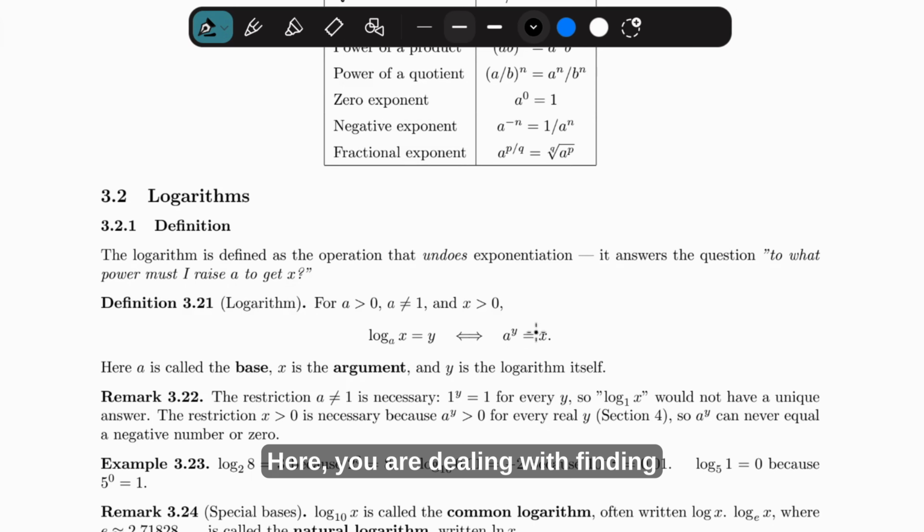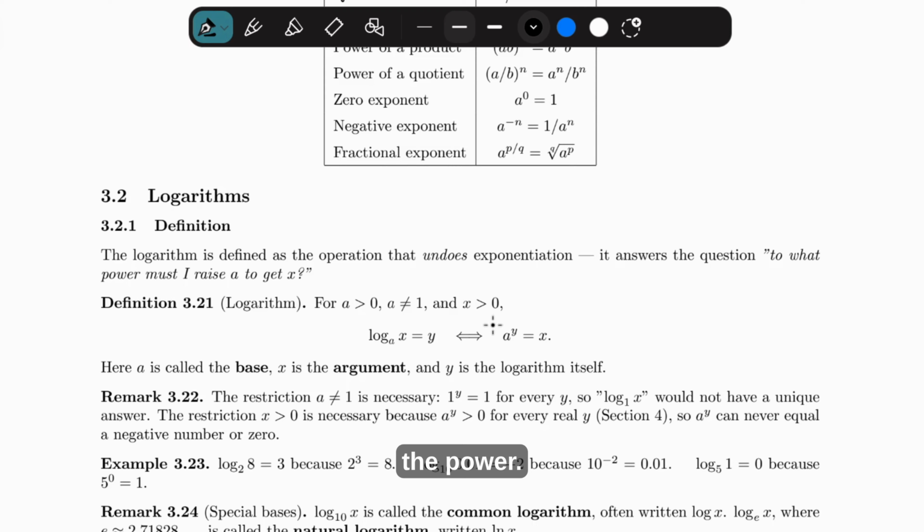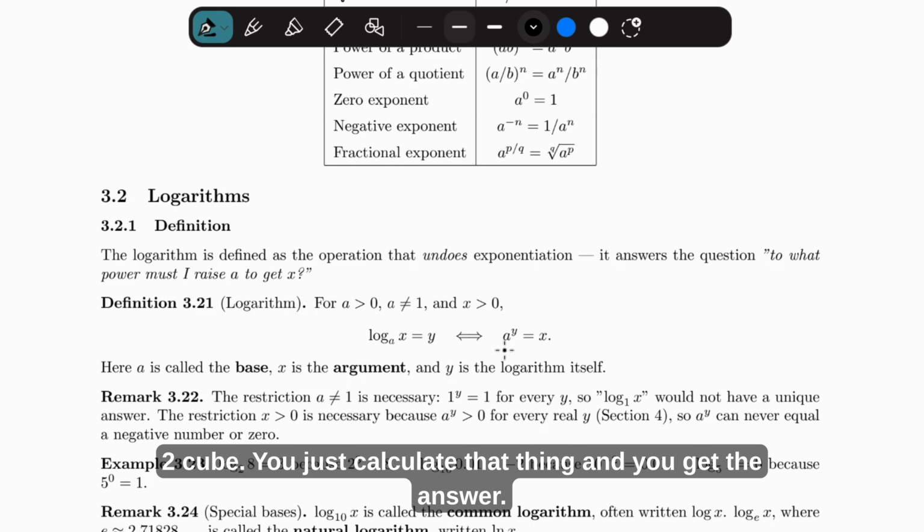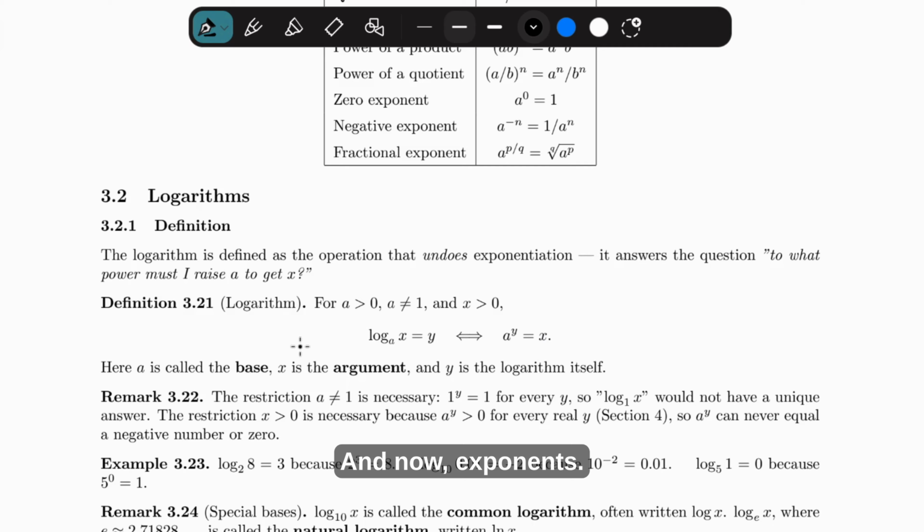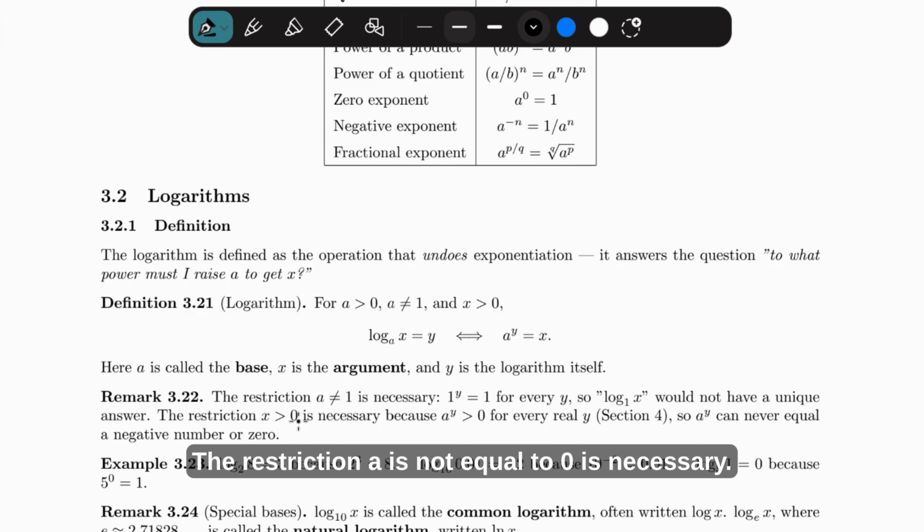With the exponential you are finding the value of the power expression, like 2 to the power 3, you just calculate that and get the answer. And now the logarithm asks the question: what power do we raise the base 2 to, to get 8? We have just discussed this in lecture 1.